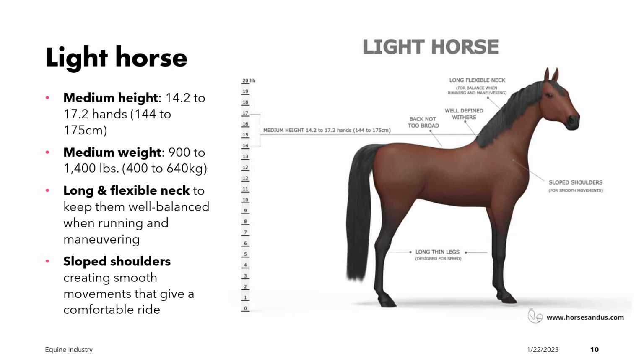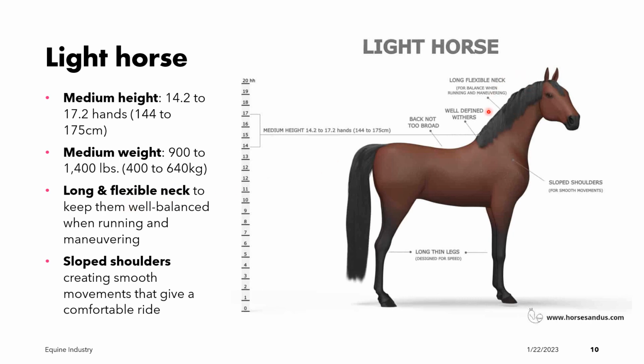Another type of horse, based on height, build, and size, is the light horse. In terms of its height, it has a medium height that ranges from 14.2 to 17.2 hands. In terms of its weight, it is about 900 to 1,400 pounds or 400 to 640 kilograms.